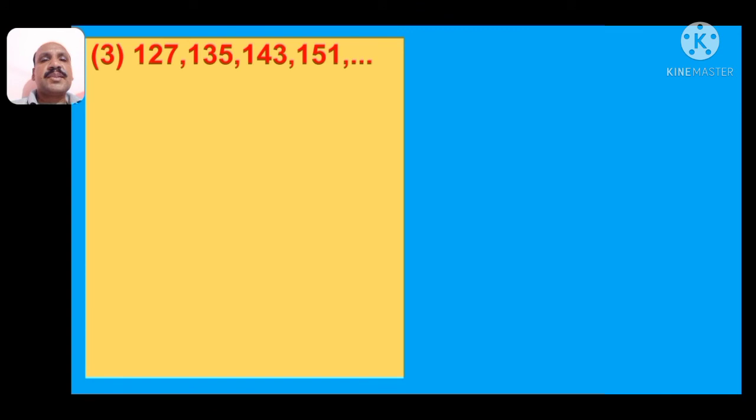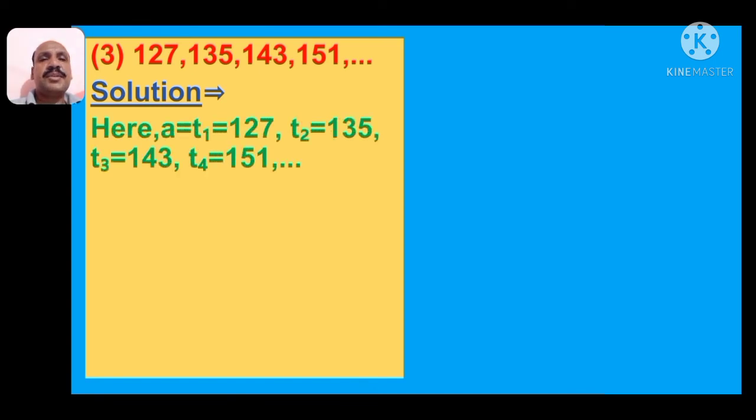Now third, 127, 135, 143, 151, dot dot dot. Now here the first term A is equal to T1, which is equal to 127, T2 is equal to 135, T3 is equal to 143, and T4 is equal to 151, dot dot dot, so on.